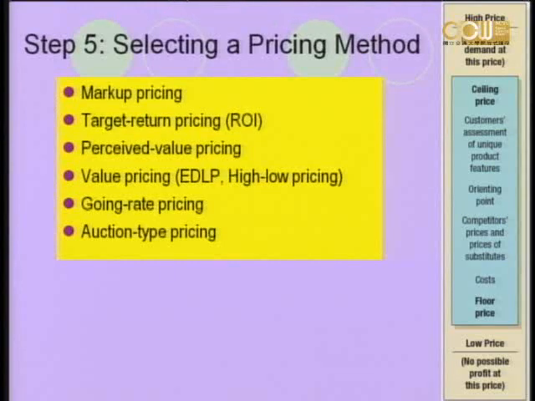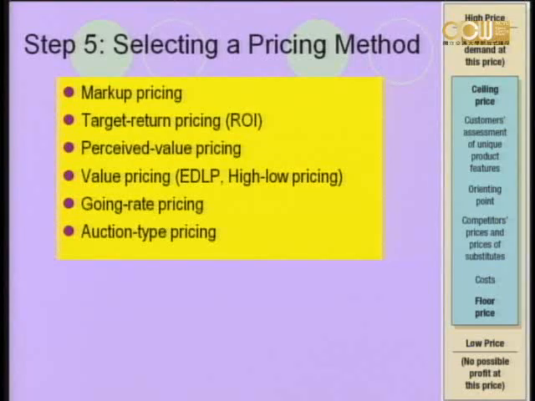Value pricing is from the retailer's perspective. Perceived value comes from the consumer's perspective. These two are different. So anyway, there are a lot of different methods. Markup is the easiest one. I mark up 6%, 10%. Target return: I'm an investment, I need some return, so you calculate your fixed cost.